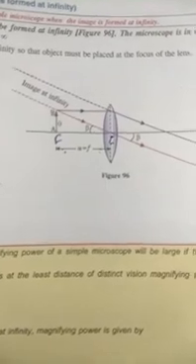Now if the case is different, that the object is placed at the focus, the final image will be at infinity. This is the case of normal adjustment, when we see the image with the relaxed eye, the image is at infinity. In that case, this is the angle subtended by the image and the same is the angle subtended by the object.